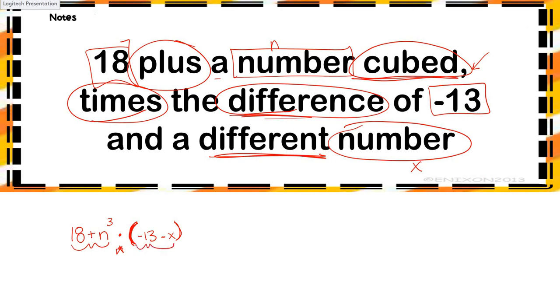So in order to make this addition happen before that multiplication, this part in the front would have to go in parentheses as well. And then I can put the multiplication sign in there if I want, or I could just connect them using parentheses. But your answer should look like this, and it'll have parentheses in the front and parentheses at the back.